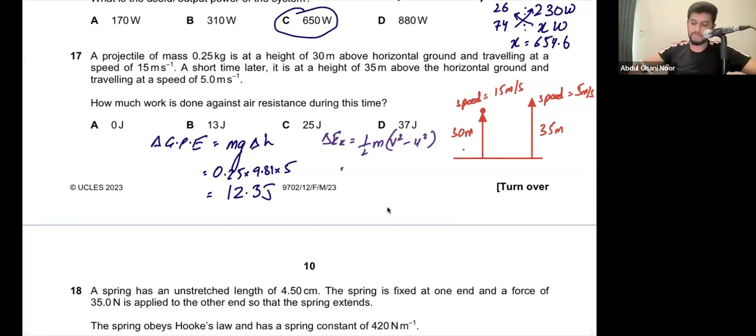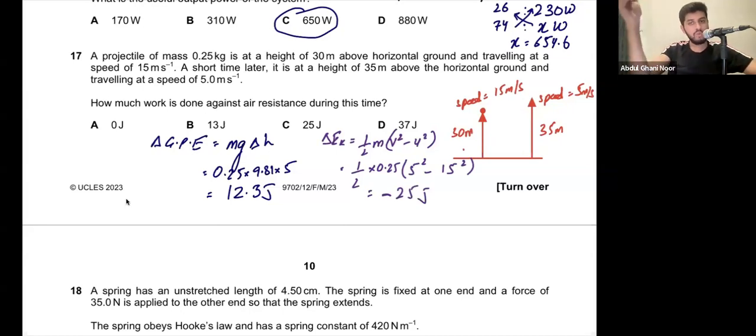अगर आपको डाउट है, half into mass, which is 0.25 into v squared minus u squared, 5 squared minus 15 squared, and that is equals to minus 25 joules. मतलब इससे 25 joules lose किया और इसने 12.3 joules gain किया. बाकी जो एनर्जी है वो किस में गई?